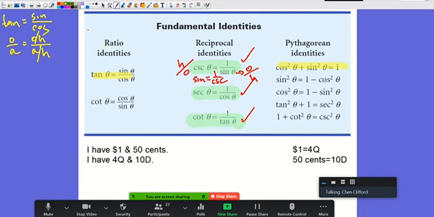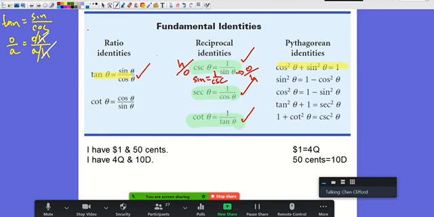What happens to the hypotenuse? They cancel, and now you're left with opposite over adjacent equals opposite over adjacent. That means tan indeed is equal to sine over cosine.